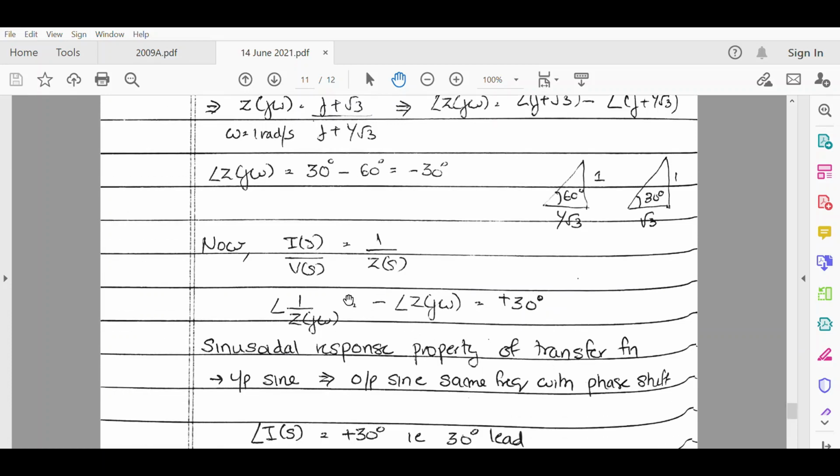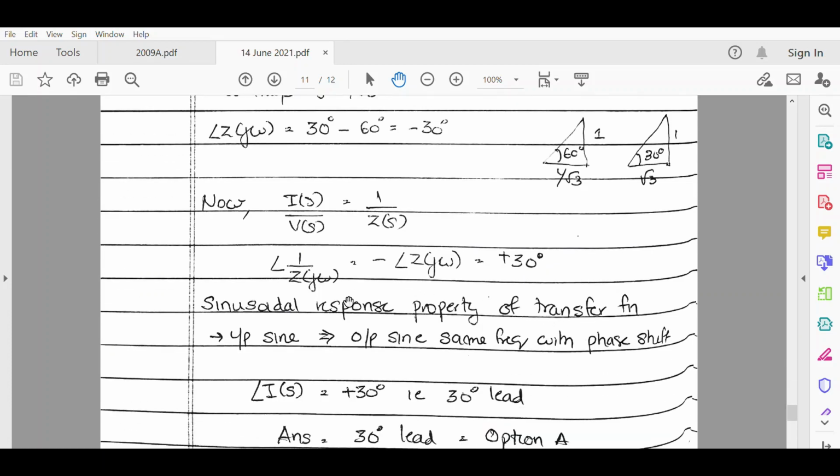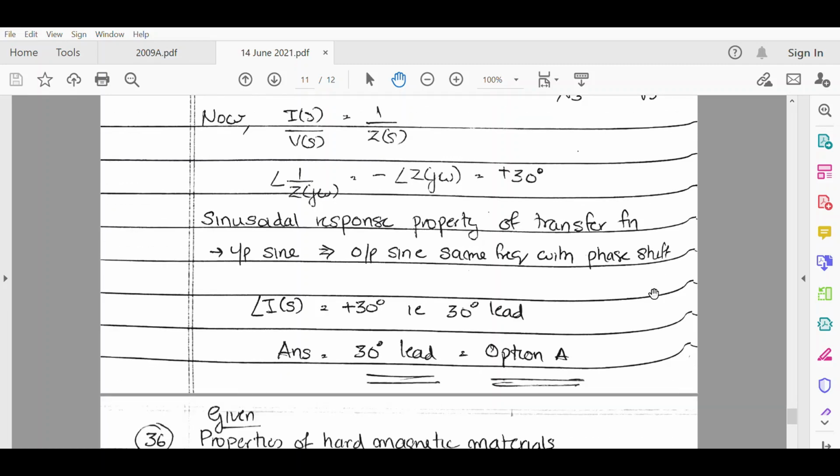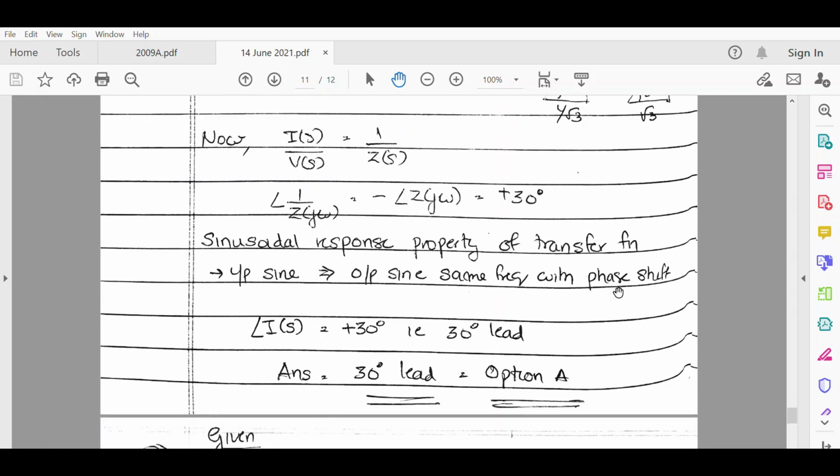So we will apply the property of sinusoidal response of a transfer function, which means that the transfer function, when subject to a sinusoidal input, would produce a sinusoidal output with the same frequency and with a phase shift difference and a magnitude difference. Now here we are required to find out the phase shift.